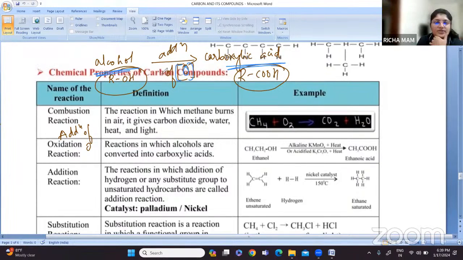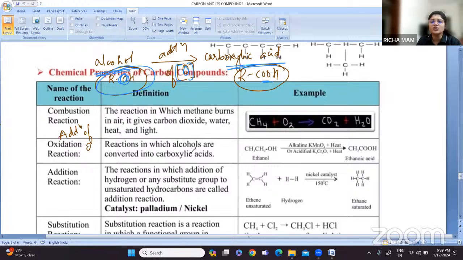In the reactant there is only one O, and in the carboxylic acid you can see two O. So there is addition of oxygen.